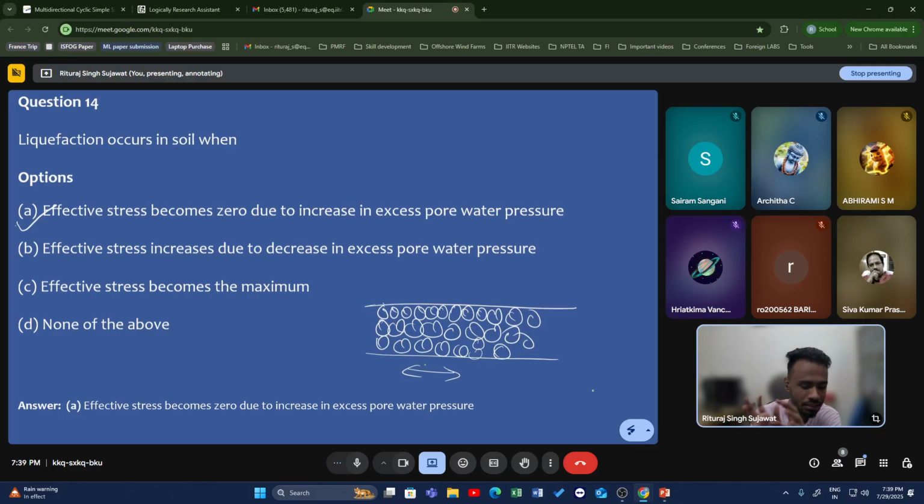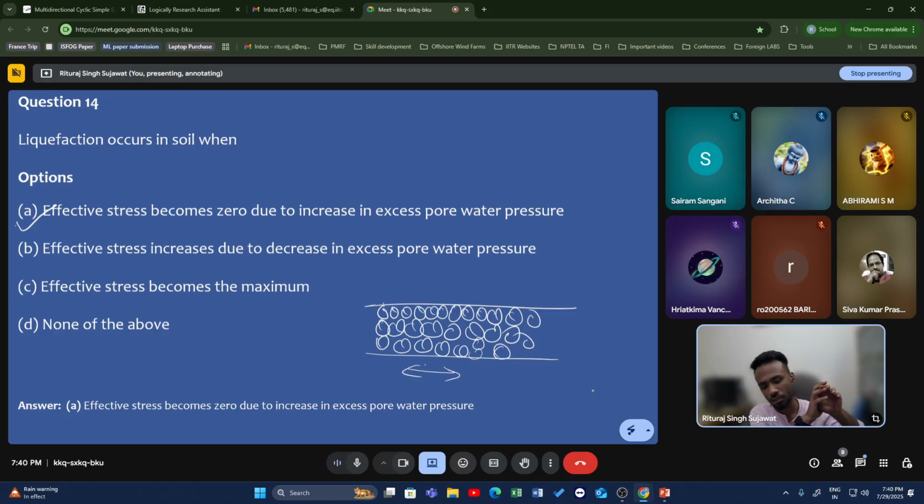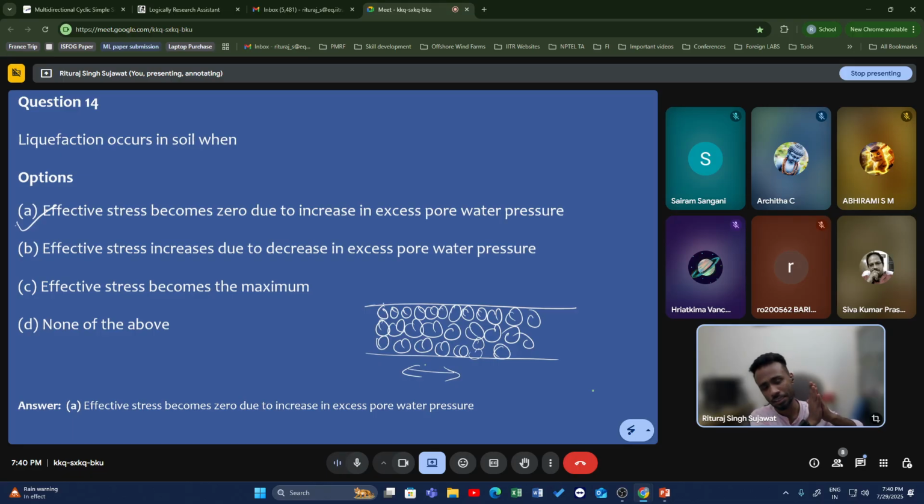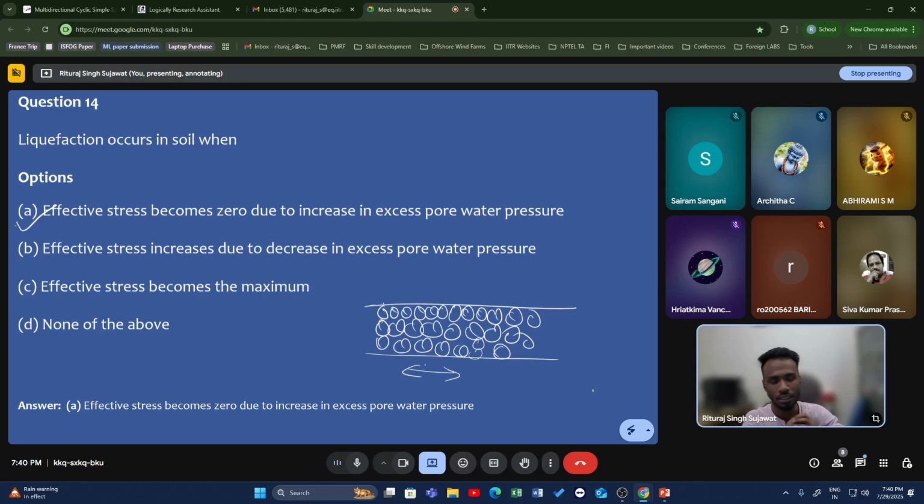In that case a certain section of the soil matrix is occupied with water molecules, which leads to a decrease in the shear strength within the soil because of the introduction of water molecules. As we know, water has zero shear strength, so it's nowhere capable of resisting the load, so the effective stress becomes zero, which has happened due to the increase in the excess pore water pressure. So that is about it.